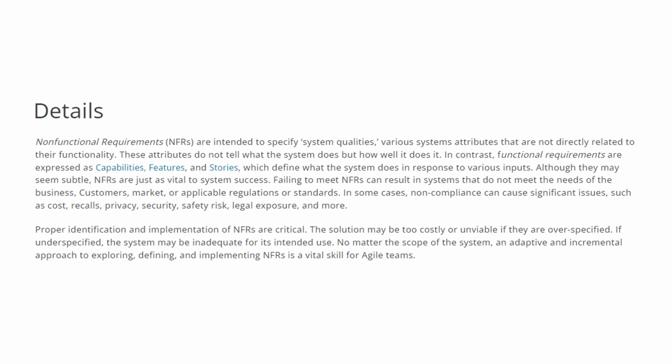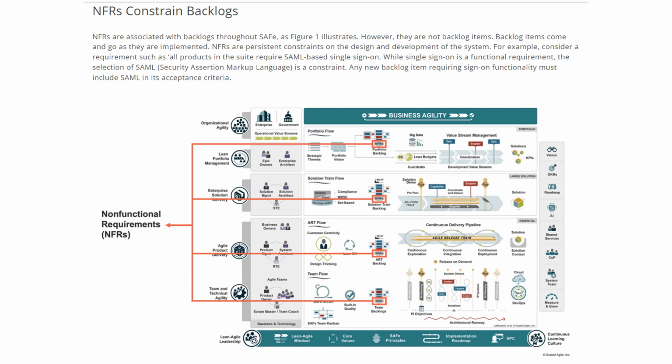The solution may be too costly or unviable if they are over-specified. If under-specified, the system may be inadequate for its intended use. No matter the scope of the system, an adaptive and incremental approach to exploring, defining, and implementing NFRs is a vital skill for agile teams.